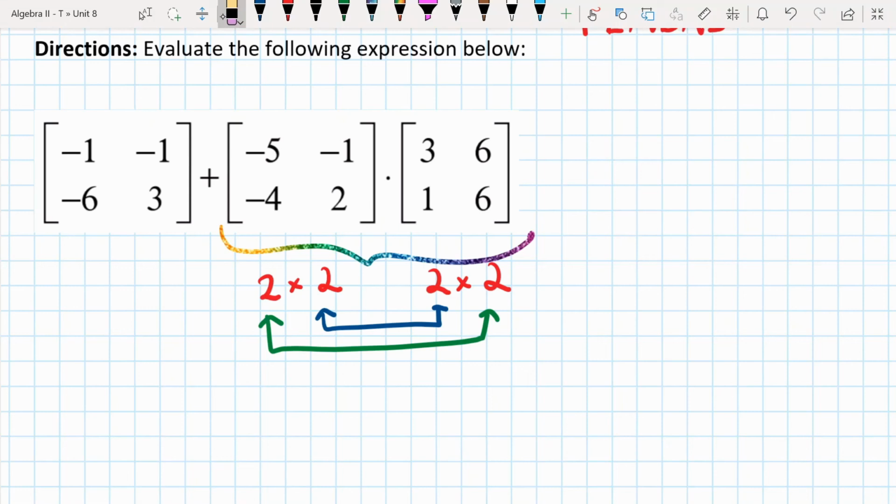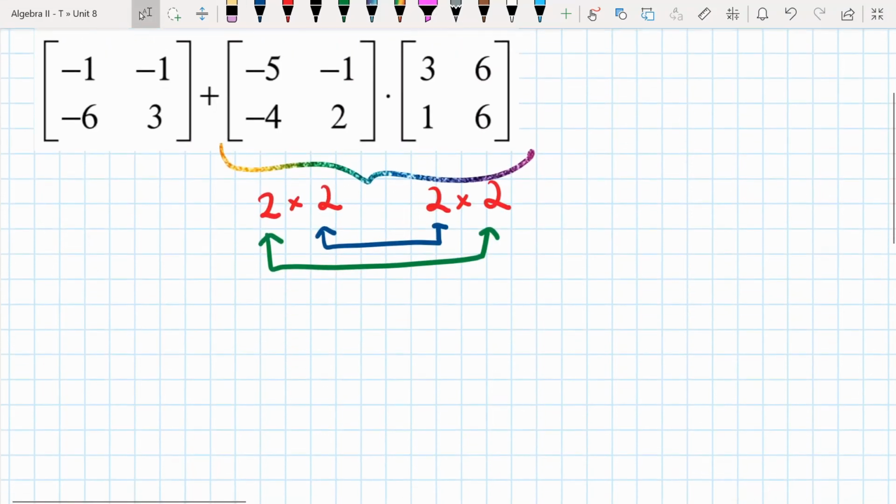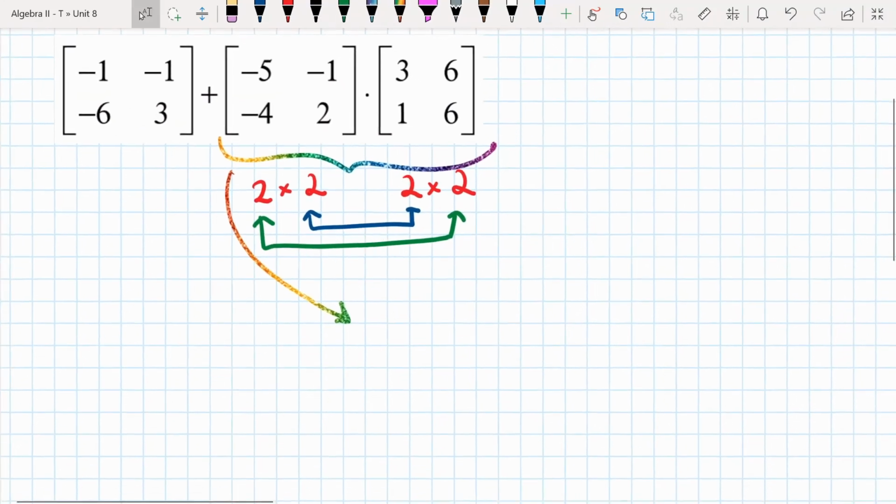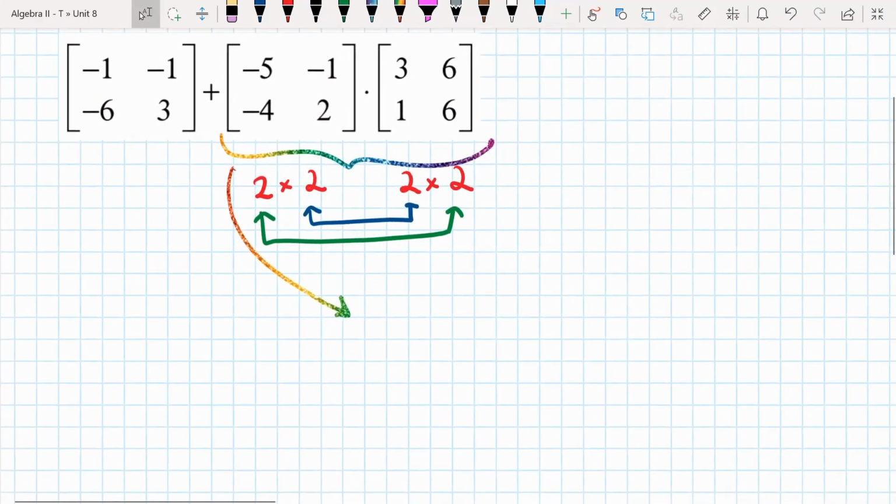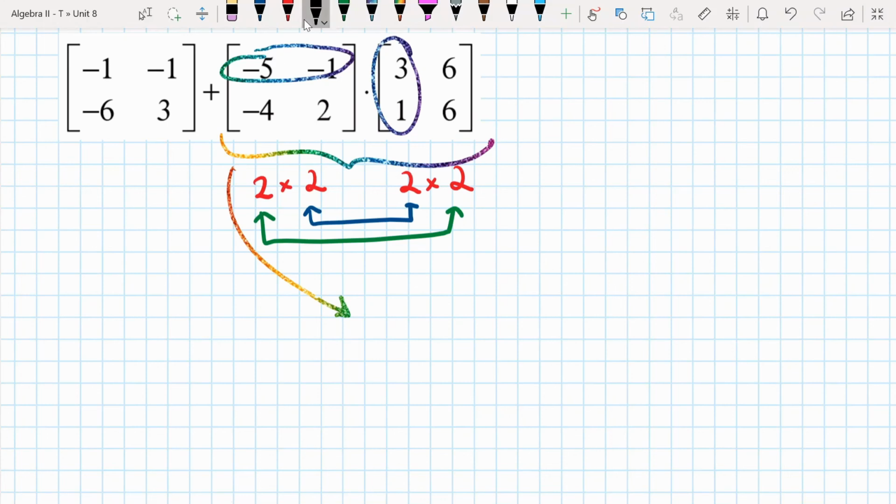So how do we do this? Let's evaluate this matrix multiplication here first. And so let's go through each of these. I'll do this down here. I'll do this one more time. First row, first column.